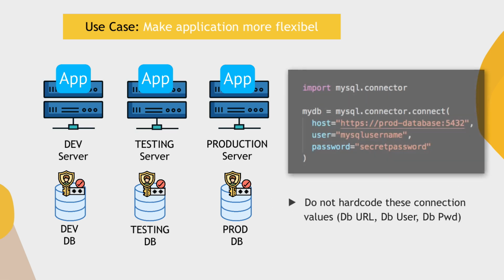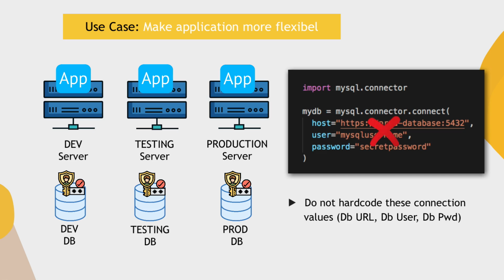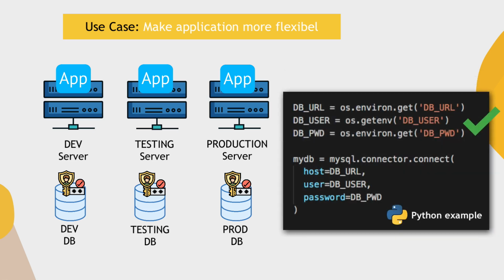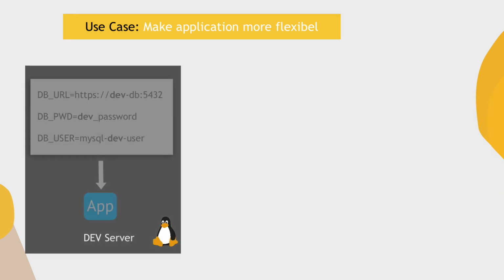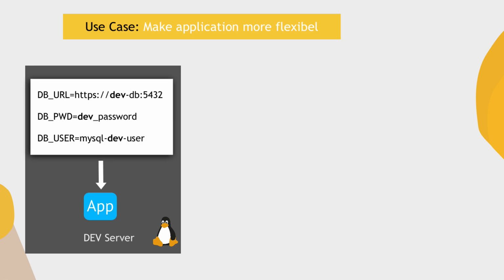So instead of hard coding these values in the application, using environment variables, you can dynamically set different values for your application and run it in different environments without changing the code. So when your application runs in a development environment, you can give it credentials to the development database.